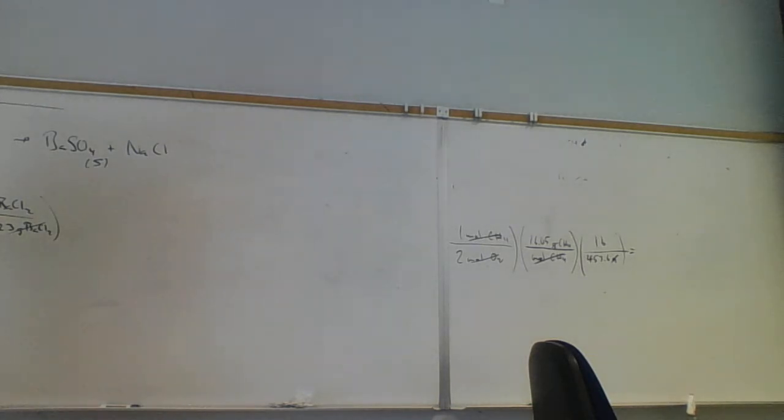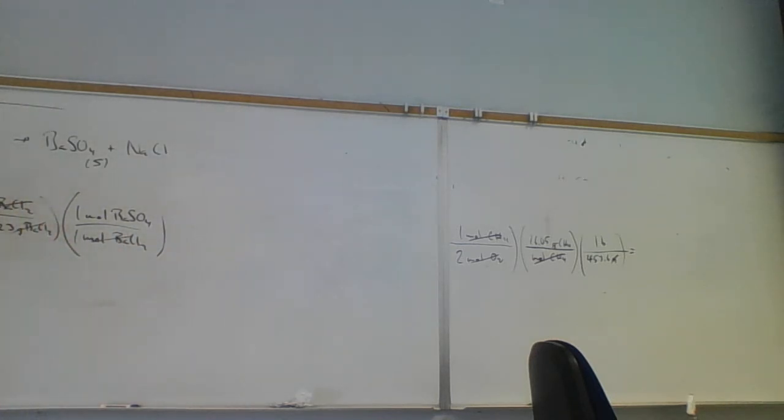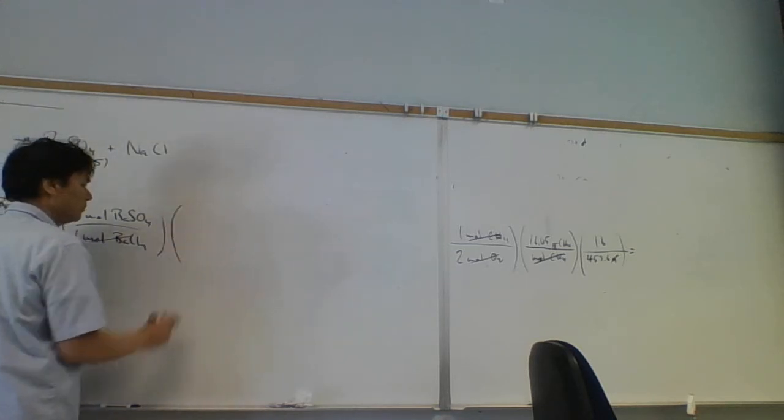Barium sulfate. Well, it turns out it's a 1-to-1 mole ratio, so I have 1 mole of barium sulfate for every 1 mole of barium chloride that reacts. So this is how many moles of barium sulfate precipitate should be produced by my limiting reagent.